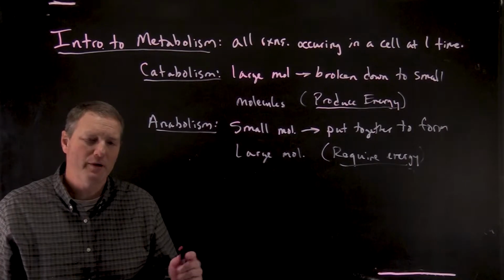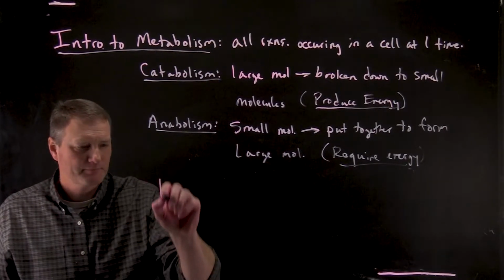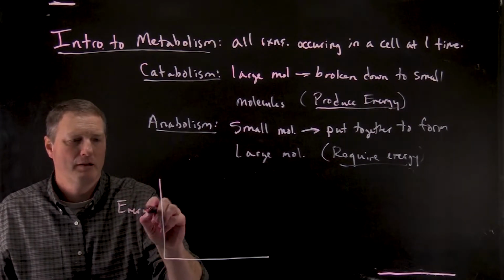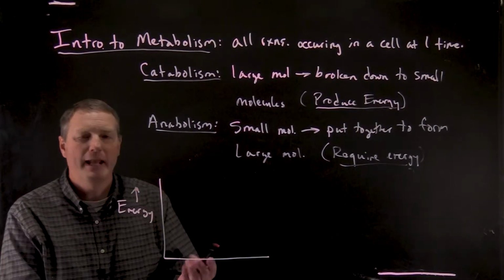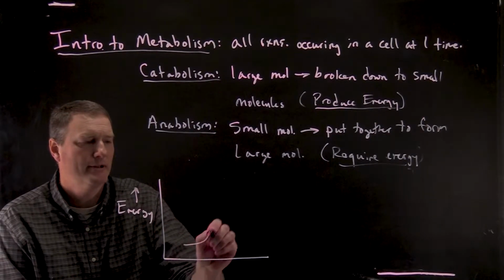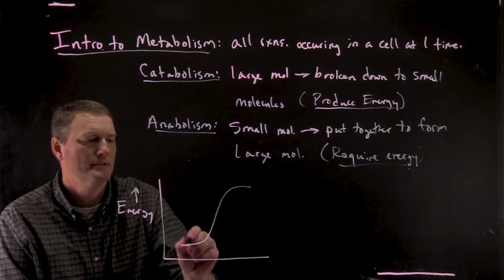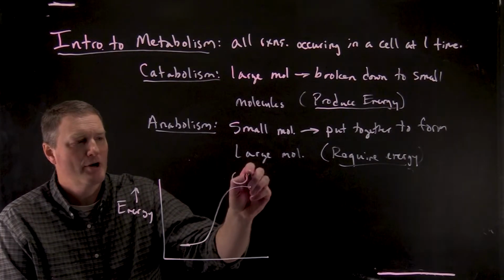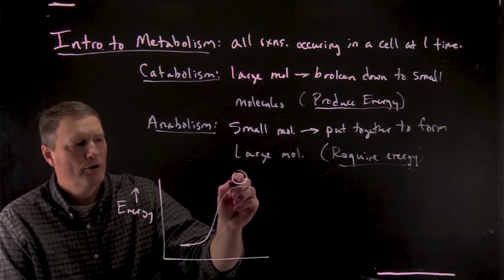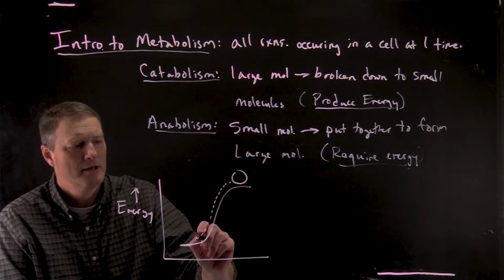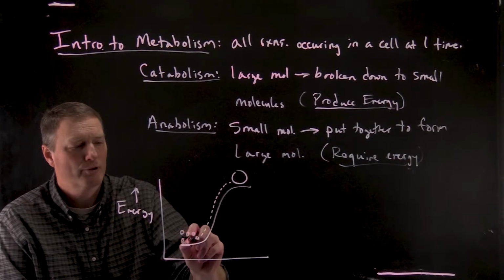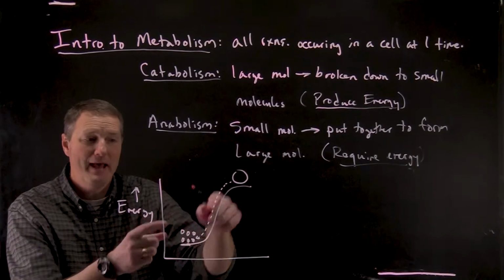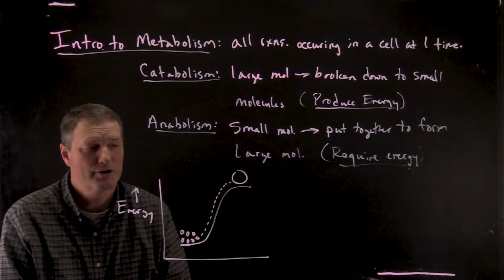So one other thing I'll put on sort of a diagram here. If I were to sort of draw an energy diagram like this, and envision on this diagram I have a hill. Okay, so here's a hill, right? And if I need to go down the hill, so if I have some large biomolecule and I go down this hill to make small little rubble here at the end, so I have to take the boulder and roll it down the hill, it cracks up, that process is releasing potential energy.